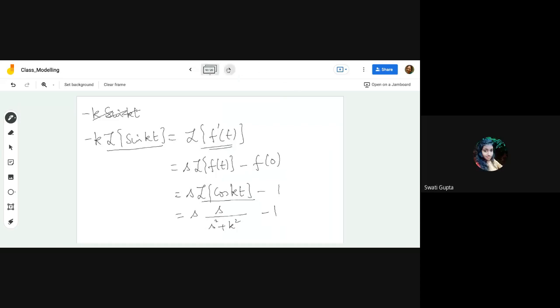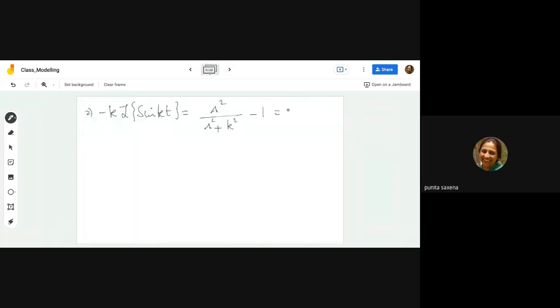Yes, I'm right. Yes, ma'am. Which is actually nothing but minus k square upon s square plus k square. That means Laplace transform of sin kt is minus 1 upon k into minus k square upon s square plus k square.